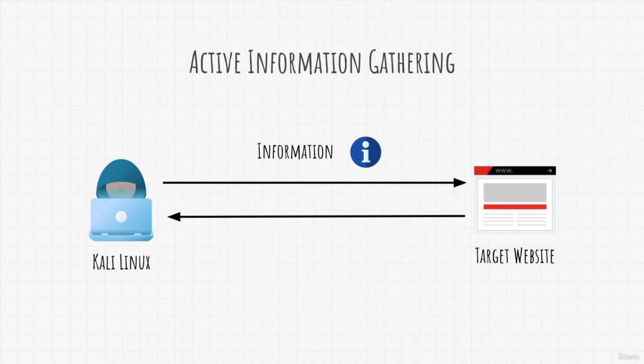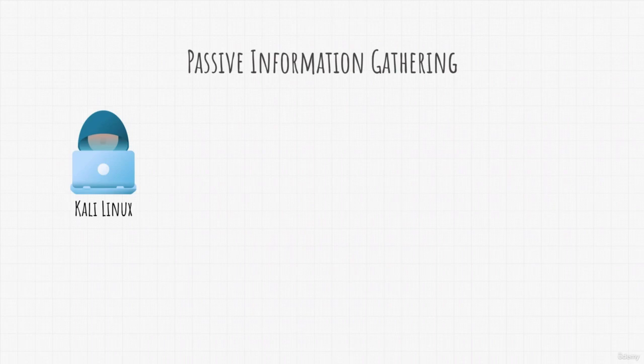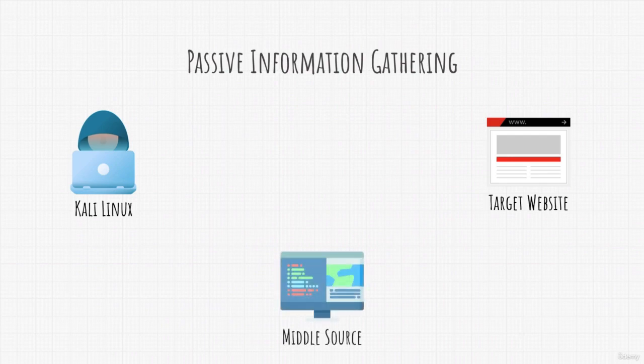On the other hand, we have passive information gathering. It is similar: we have our Kali Linux machine and our target, but we also have an intermediate system, or what I like to call a middle source. What this middle source is, well, basically it could be anything, from a search engine to a website.